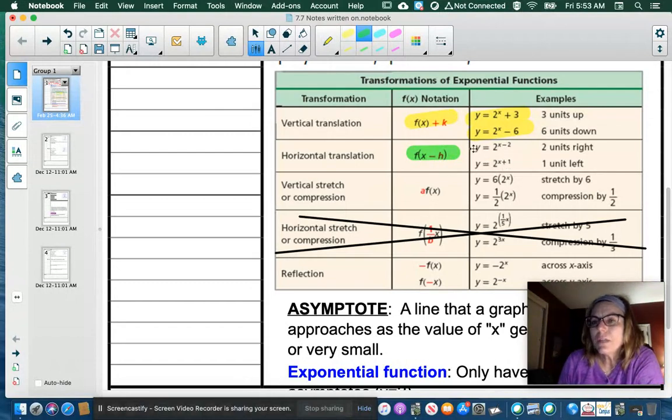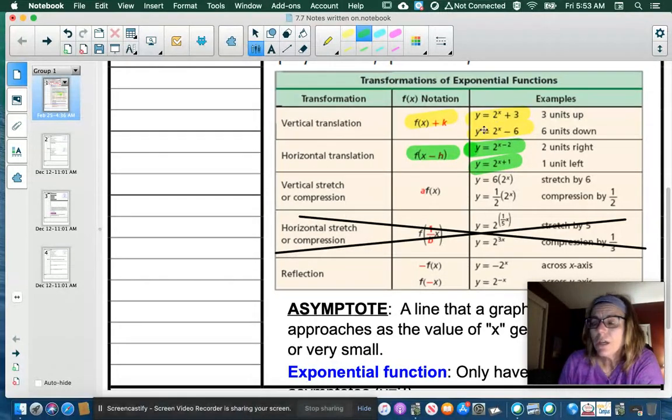If you have an exponential function, y equals 2 to the x, and you have 2 to the x minus 2, that's the exponent instead of just 2 to the x, that's your hint to tell you you're moving either to the right or left. If it's minus, you're to the right. Here, to the left.